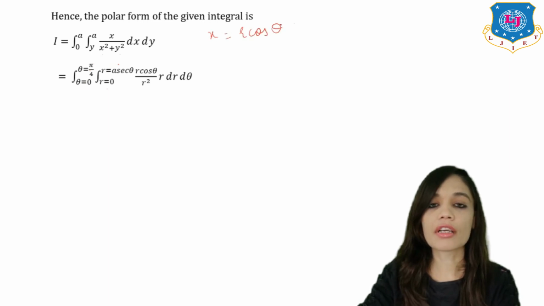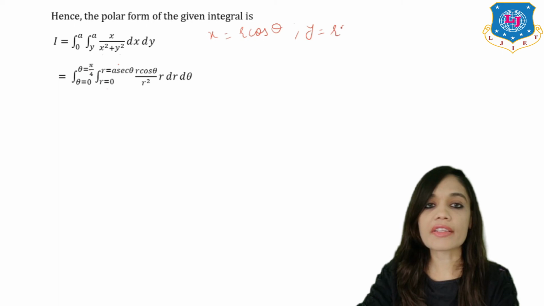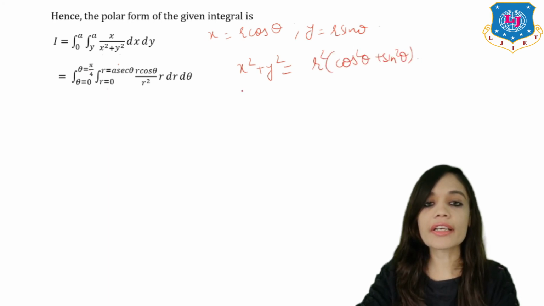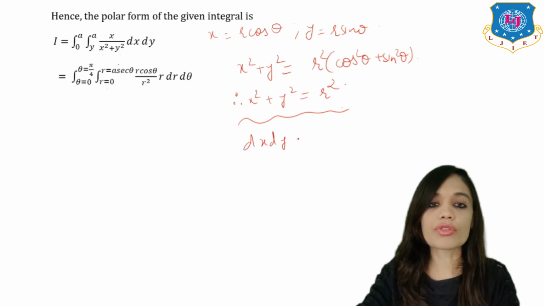Now we have assumed x as r cos theta and y as r sin theta. Therefore, our x square plus y square will be r square times cos square theta plus sin square theta, so x square plus y square will be r square. Then dx dy is equal to r dr d theta.